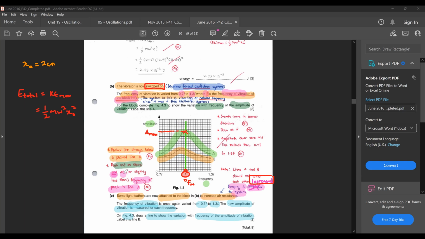This one, you look at the statement that I highlighted in pink. This one accepts your peak frequency being at the natural frequency itself. And at frequency or peak in line A, the marking scheme accepts it as your peak being at the natural frequency itself. There were no issues.